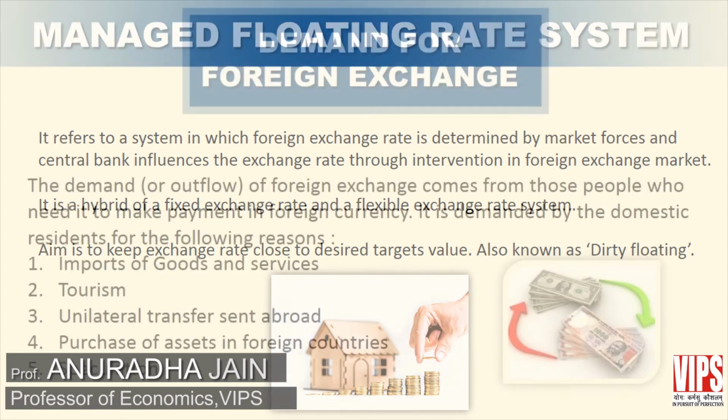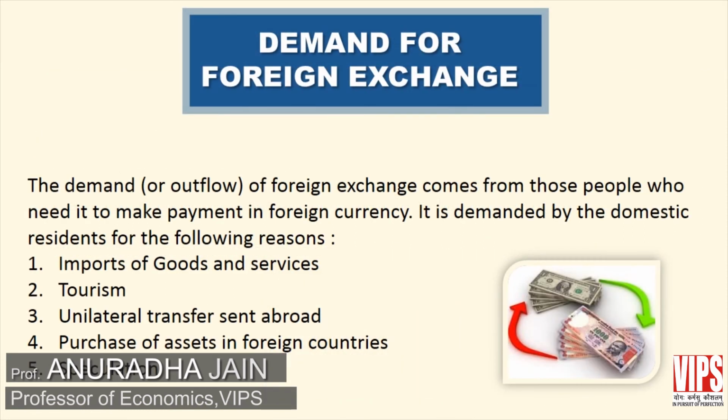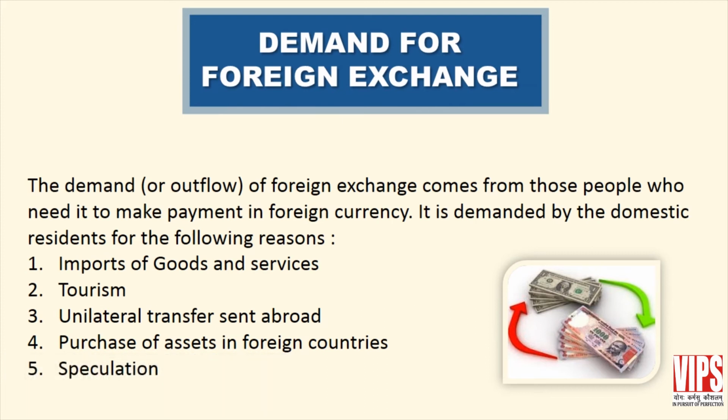So, as we have discussed earlier, in flexible exchange rate system, the foreign exchange rate is determined by demand and supply of the foreign exchange derived from the demand for and supply of foreign goods, services and securities respectively. The demand for foreign exchange comes from the buyers who need to make some payments abroad in foreign exchange.